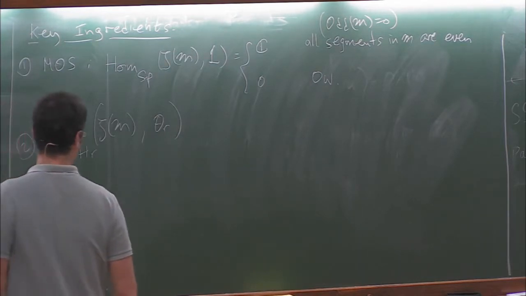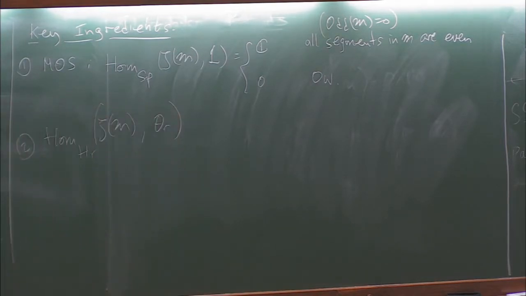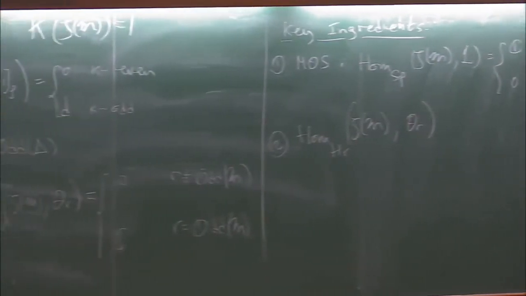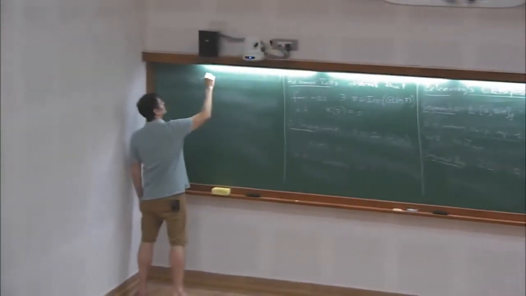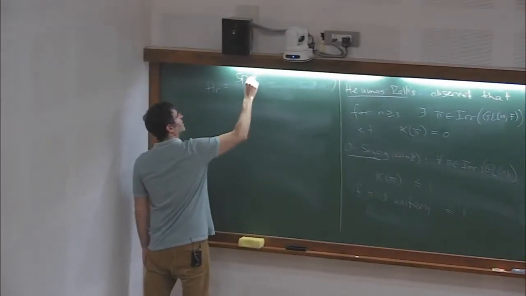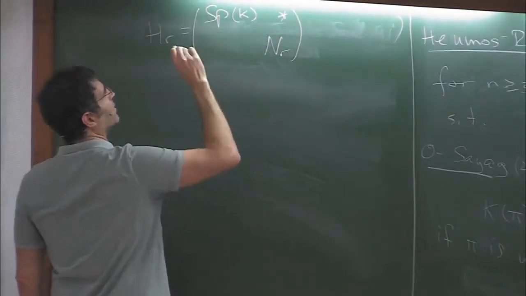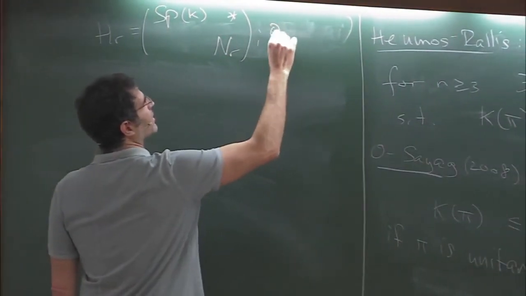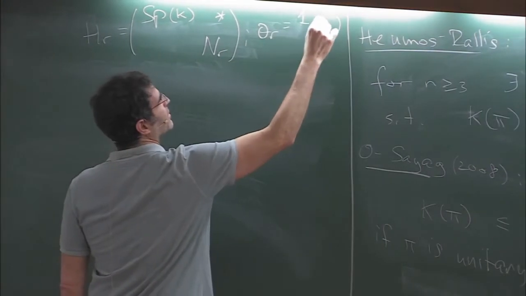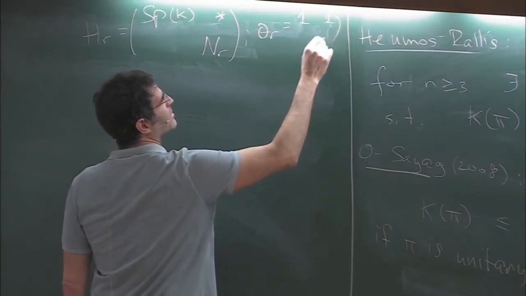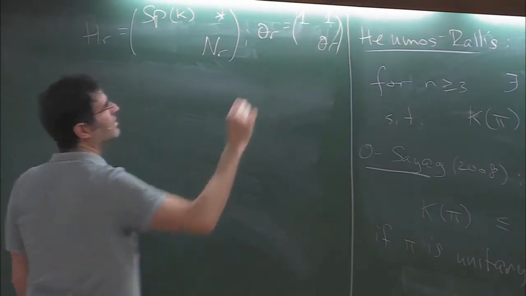I wanted to keep it on the board, so let me write it down on the other side. So the subgroup H_R was Sp_K and N_R, and then we had theta_R, which was really the trivial character everywhere except here there's a theta_R.